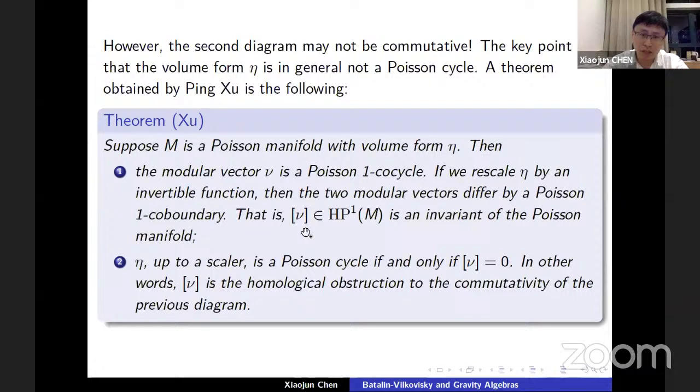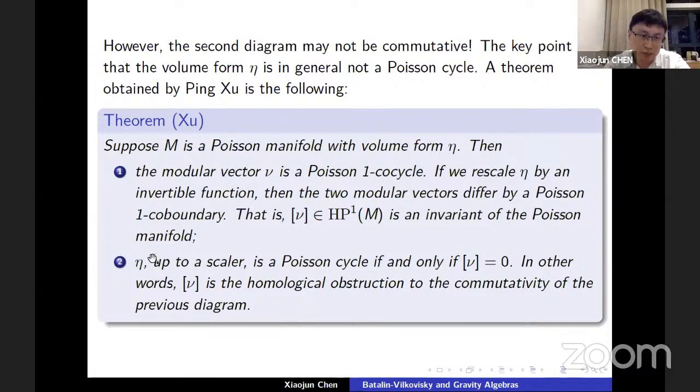That means the class that nu represents is well defined and is an invariant of the Poisson structure, that is, an invariant of the Poisson manifold.